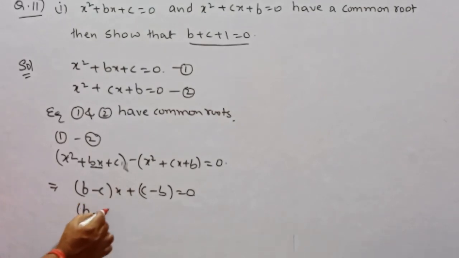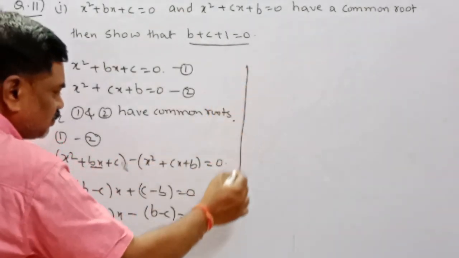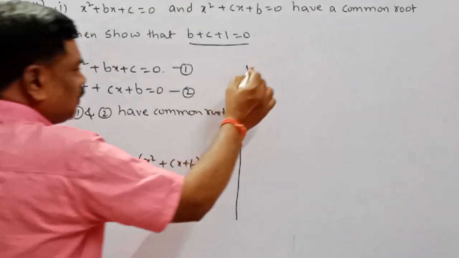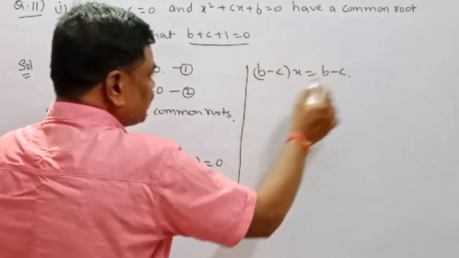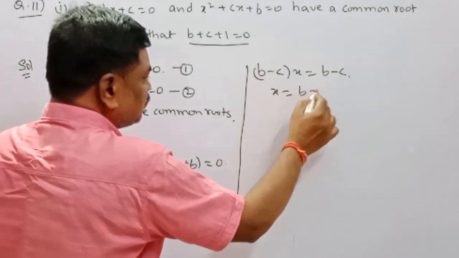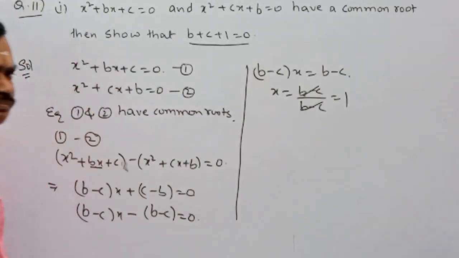Taking minus common, b minus c of x minus of b minus c equal to 0. Then b minus c of x is equal to b minus c, so x is equal to b minus c by b minus c, which is equal to 1.